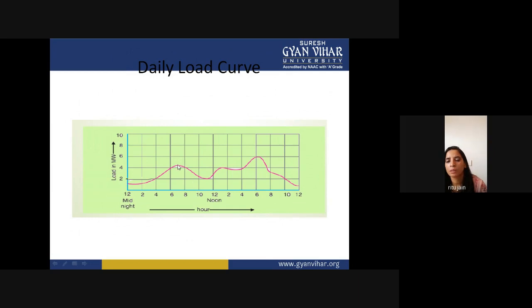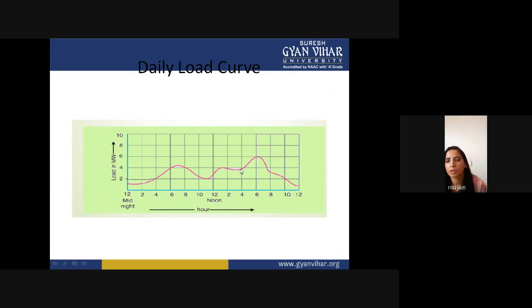After 7 o'clock, it starts to decrease, and it continuously decreases until 10. 10 to 12 is office hours, so the load is nearly constant. It is not exactly constant, but only a small variation occurs. After 12 noon, it again starts increasing in summers because everyone turns on their coolers, ACs, and refrigerators.